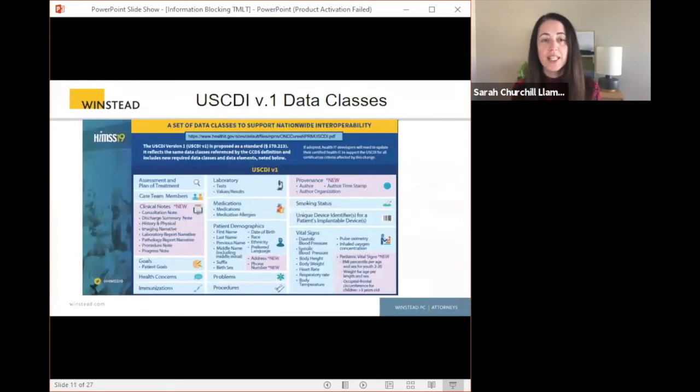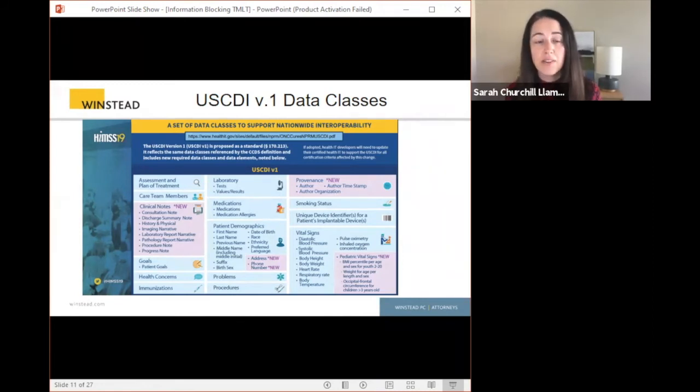Okay, so this is the USCDI version 1. So in blue, this is the traditional CCD. This is what, for meaningful use and to be a certified EHR, you had to be able to send a file type that contained all the data elements that are seen in blue here.